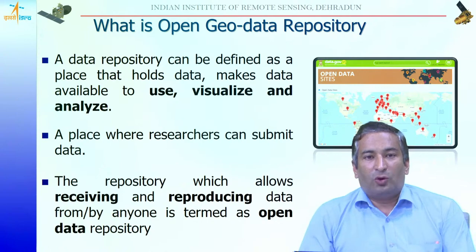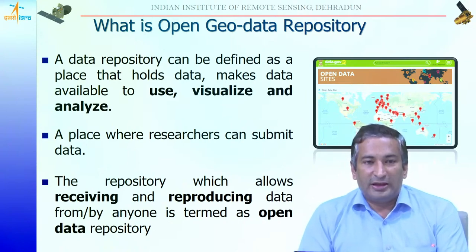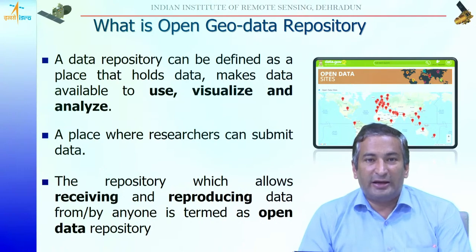what is an open geodata repository? Before going into a geodata repository, let us talk about a data repository. We can say that a data repository can be defined as a place that holds data, makes the data available to use, visualize and analyze.